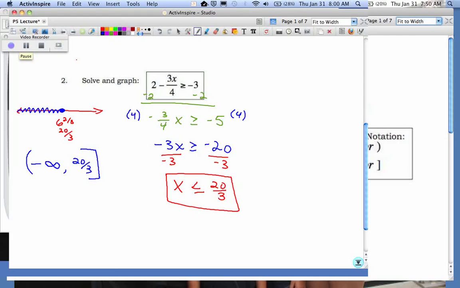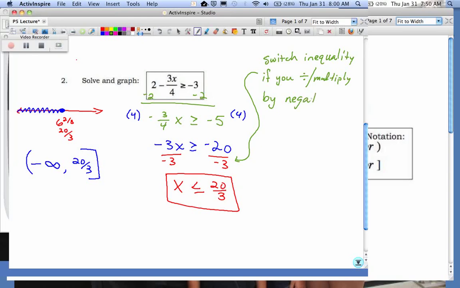And so really the rule that we want you to remember: you will always switch the inequality if you divide, and I'm going to put in there, or multiply by a negative number.